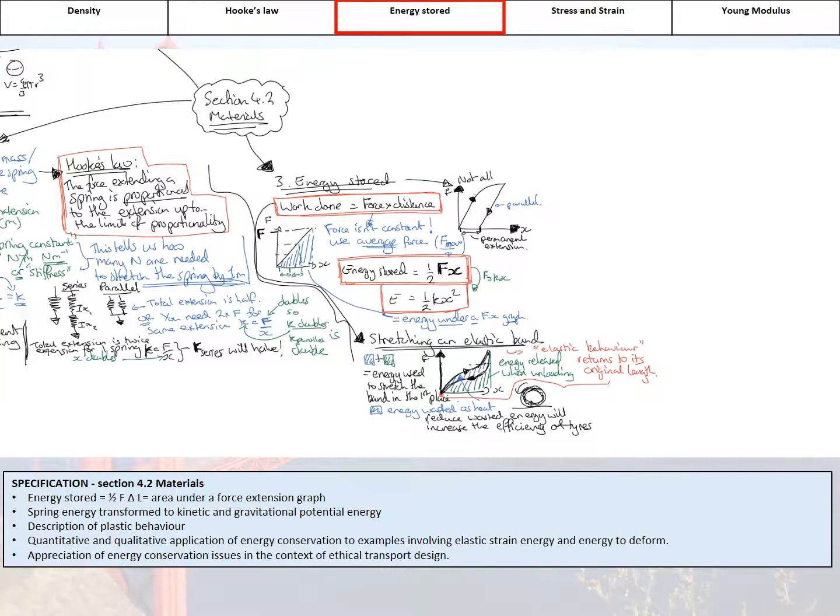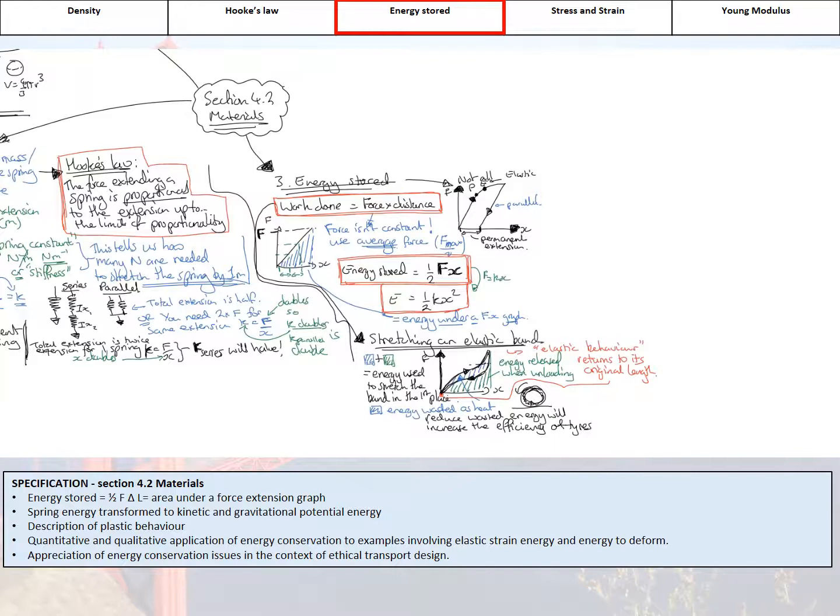Now, we've talked about the limit of proportionality, which is the point at which they're no longer proportional. The point at which it doesn't go back to its original length, which is after the limit of proportionality, which we'll mark on as E, we call the elastic limit. Because it's the point at which it's no longer behaving like an elastic band. It doesn't go back to its original length.